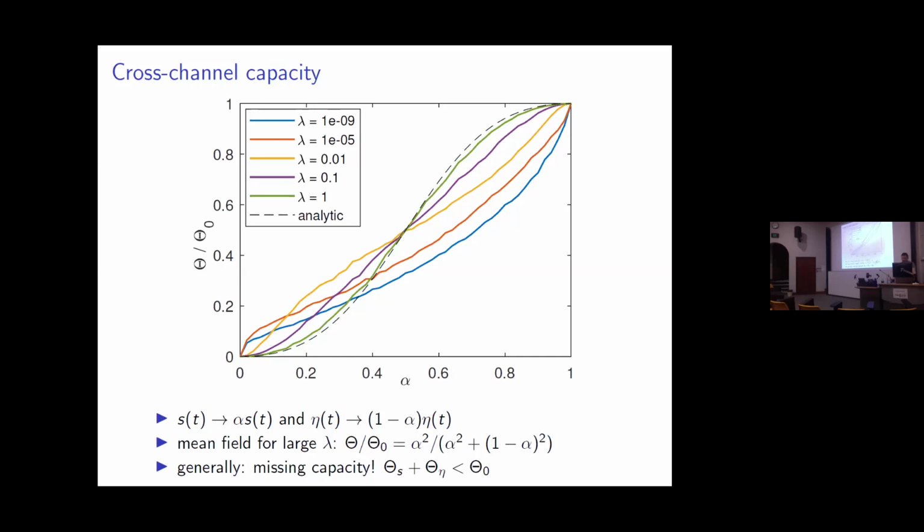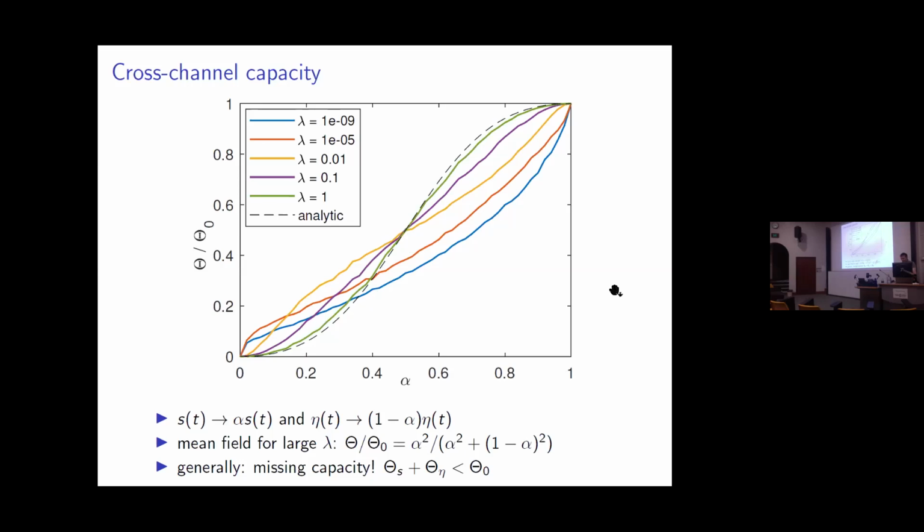When we then calculate the power in this mean field with regard to S of t, this is alpha squared in the numerator. And the total power, because S and eta are uncorrelated signals, is alpha squared plus 1 minus alpha squared in the denominator. And this gives exactly this dashed line here. So the mean field, this most powerful mode, responds as if you just add up the two signals.